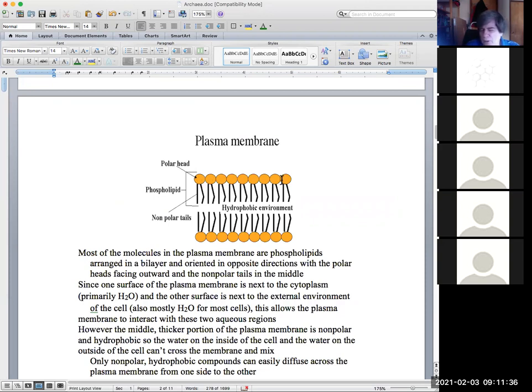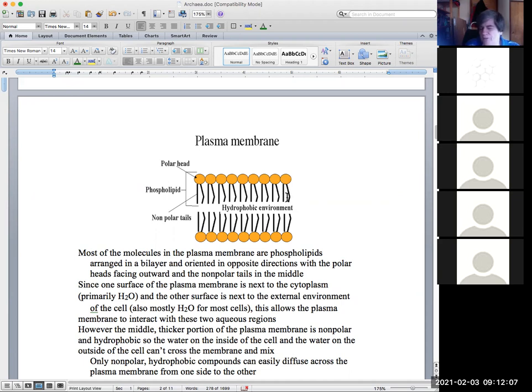And remember that when we look at phospholipids, we see this kind of golden part, which is the polar head area. And then we see these two black lines, which are the nonpolar tails. And remember that our phospholipids were synthesized in the cell by taking a molecule of glycerol, which has 3 carbons, combining 2 of those carbons with fatty acids.